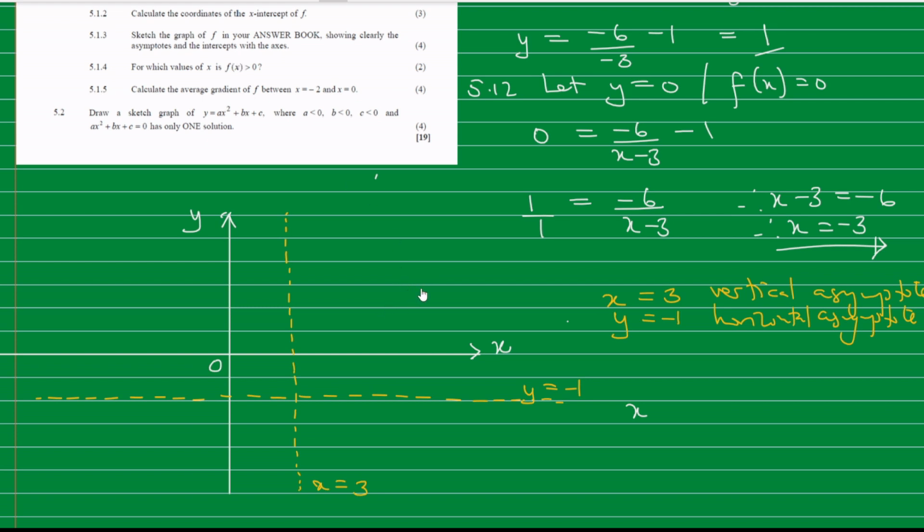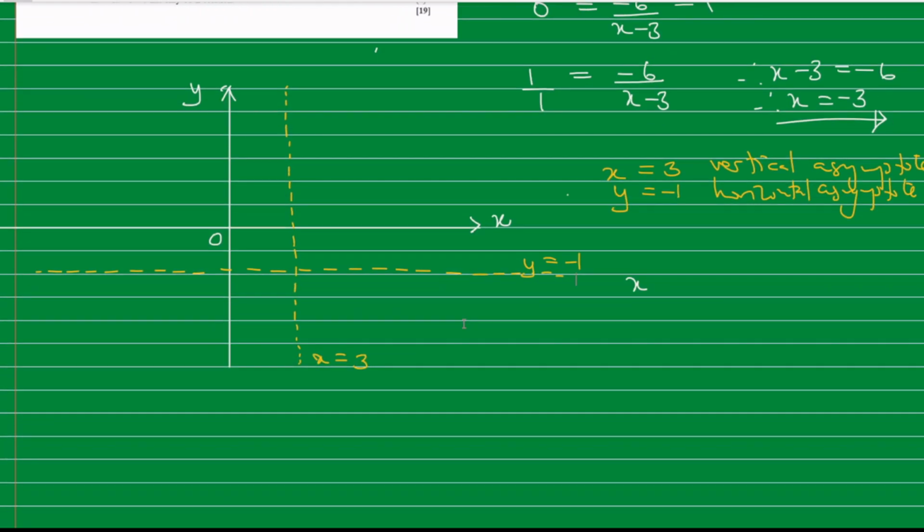Now, that brings us to the concept of shape. Our A here, as we mentioned earlier, is negative 6. So that means our graph is going to be lying in the second and fourth quadrant, formed by the asymptotes. So over here, these are our asymptotes.